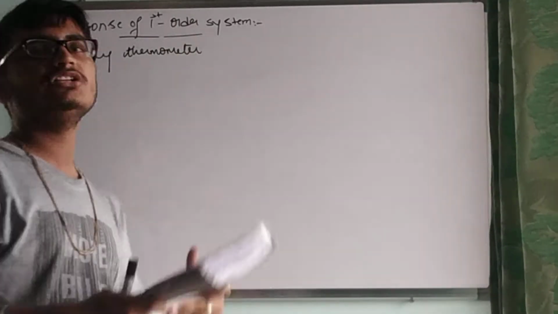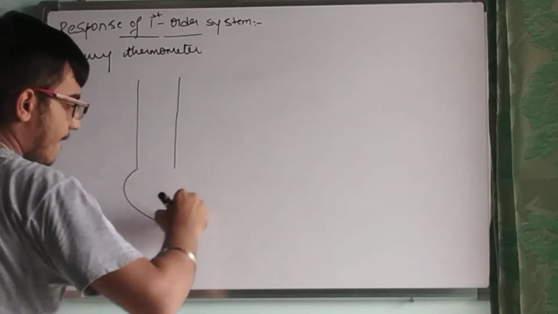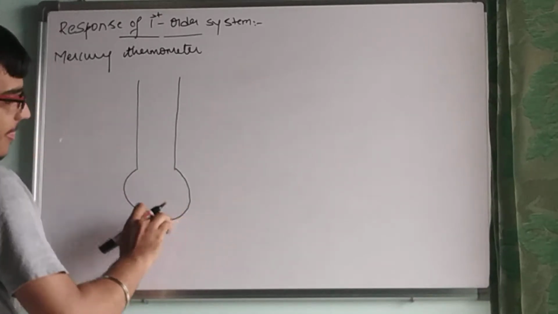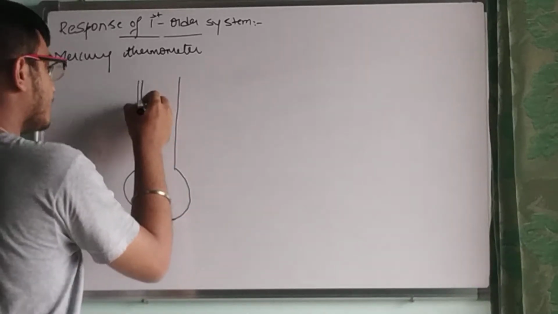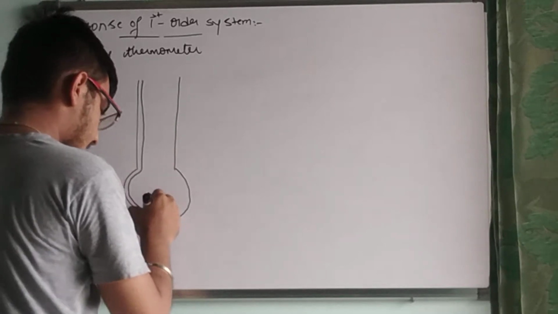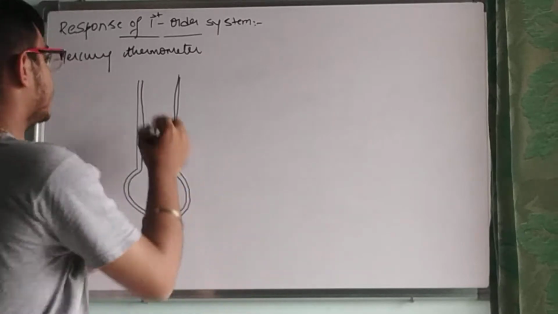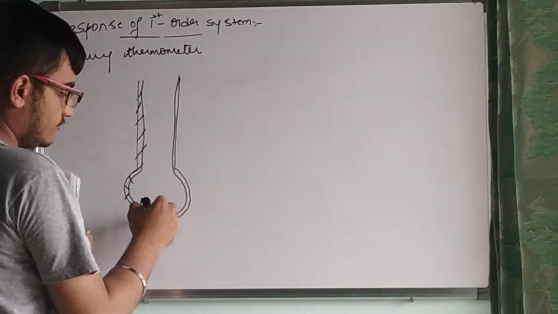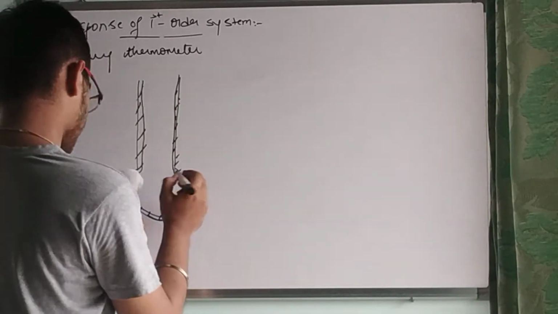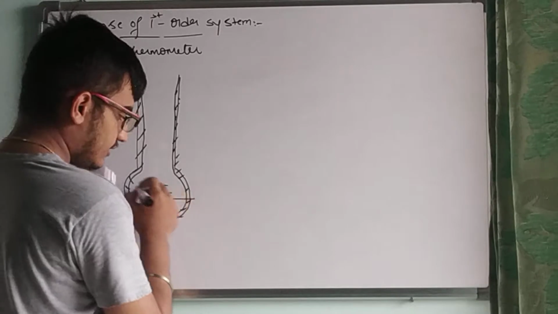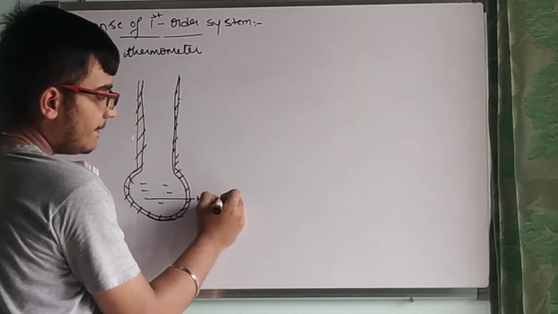First, we will consider a mercury in glass thermometer, in which the bulb of the thermometer is filled with mercury.